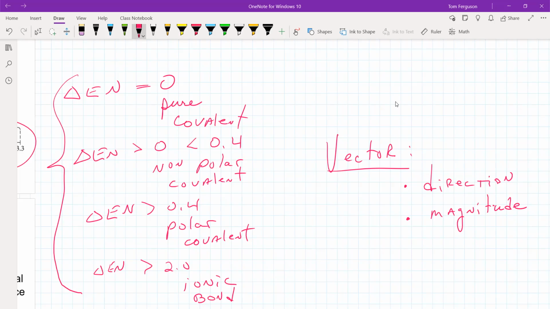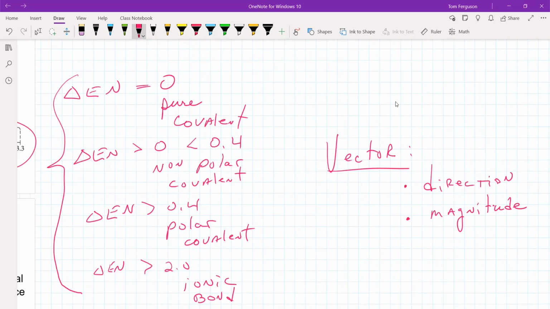Now, vectors can cancel each other out. When you get into physics, you're going to talk a lot about forces, and they're all vectors. If the force directions are opposing one another and the magnitude is the same, they will absolutely cancel each other out.